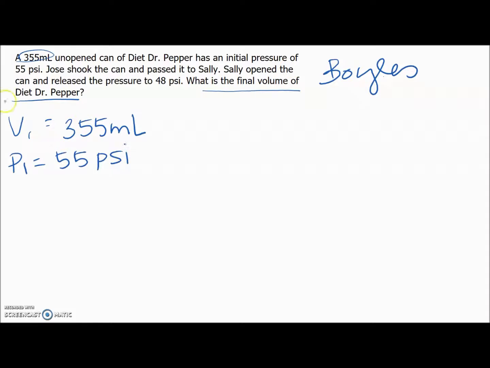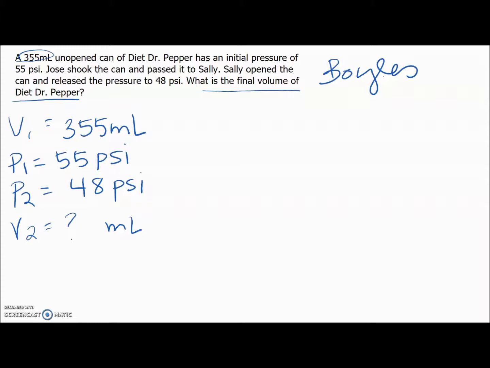Sally opened the can and released the pressure to 48, so I have a change in pressure, so this is P2, and it's 48 psi, and here's where I'm making sure that my units are the same and consistent. What is the final volume of the Diet Dr. Pepper? So this is V2, and this is my unknown. And it's going to be in milliliters because my first one is in milliliters.